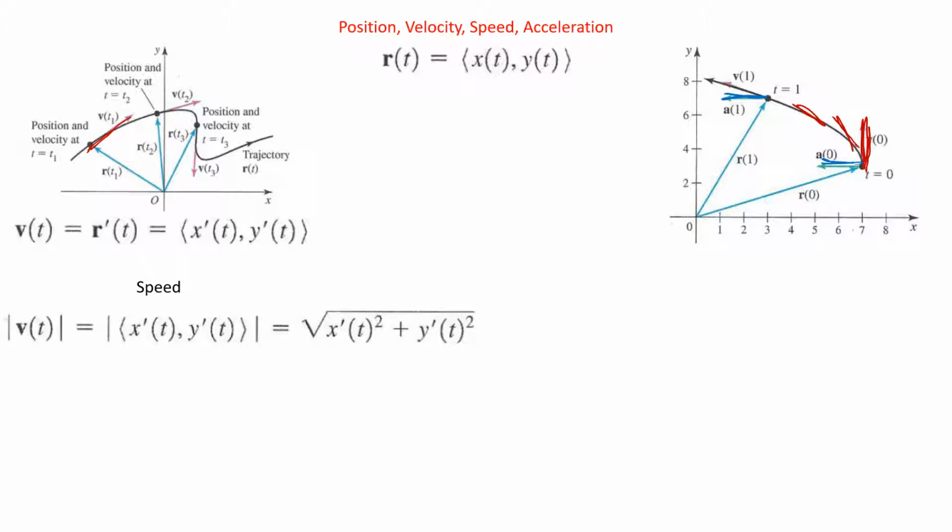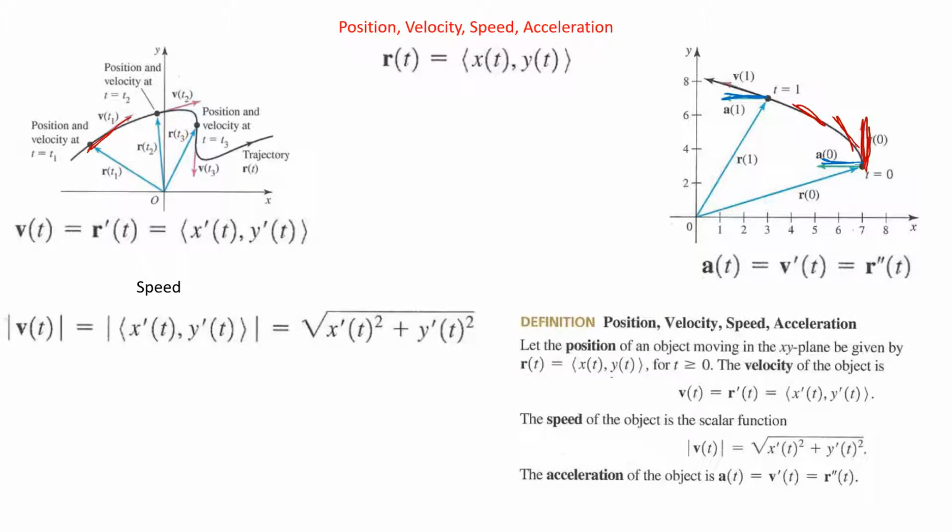And the acceleration is just the derivative of the velocity, which is the second derivative of the position. And remember, for second derivatives, we just take the derivative of the derivative, just like we would do for a normal function. It's nothing special.